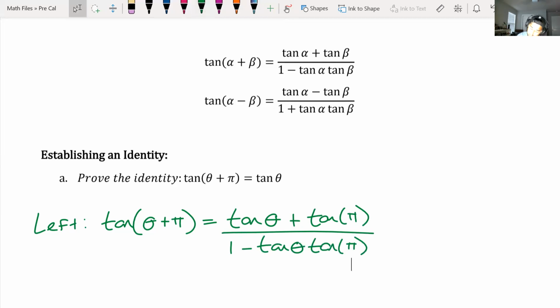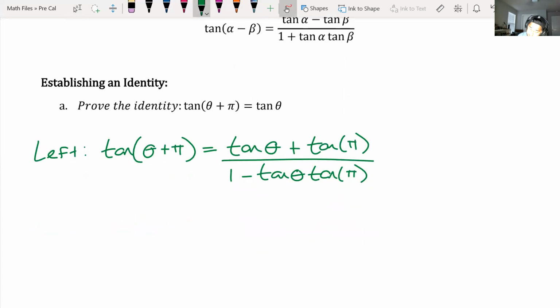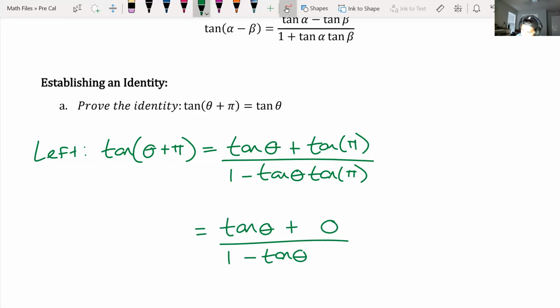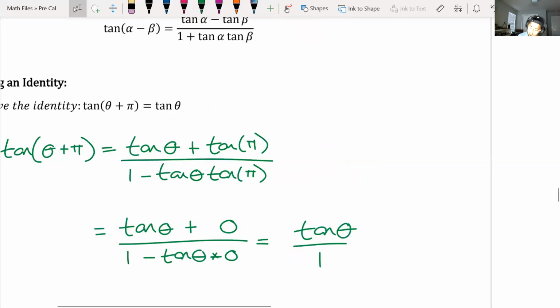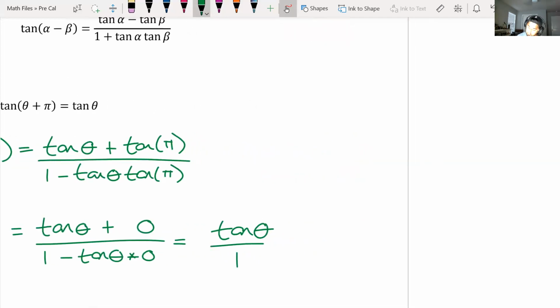Well, what is the value of tangent at pi? 0. Good. You get plus 0 over 1 minus the tangent of theta times 0. And this will just leave you with tangent theta over 1, or just tangent theta.